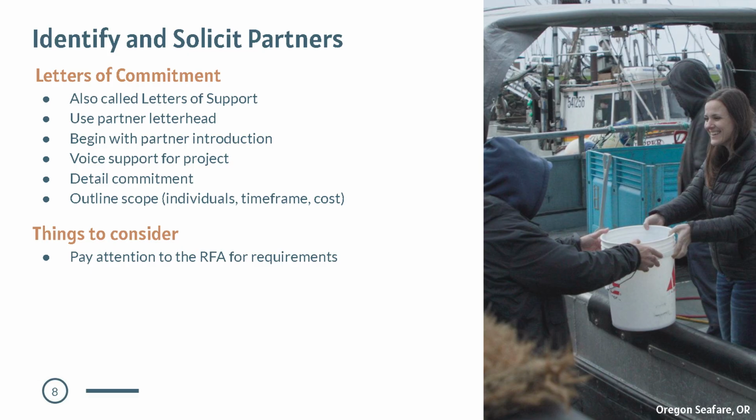Pay attention to the request for applications for any requirements that the program has. For example, some programs have requirements around quantity of letters or number of hours or partner involvement required. The RFA or NOFO will usually include specific definitions for partners and collaborators in accordance with the letters of commitment or support. Make sure you reference your grant for more information.